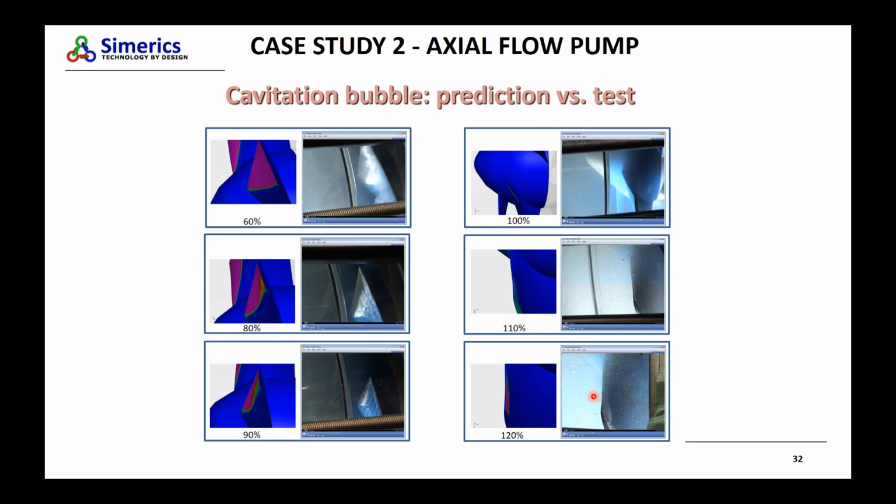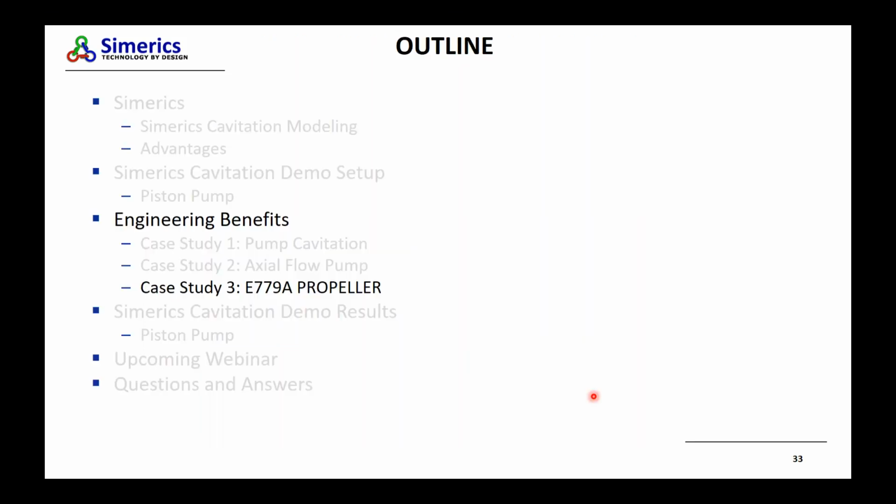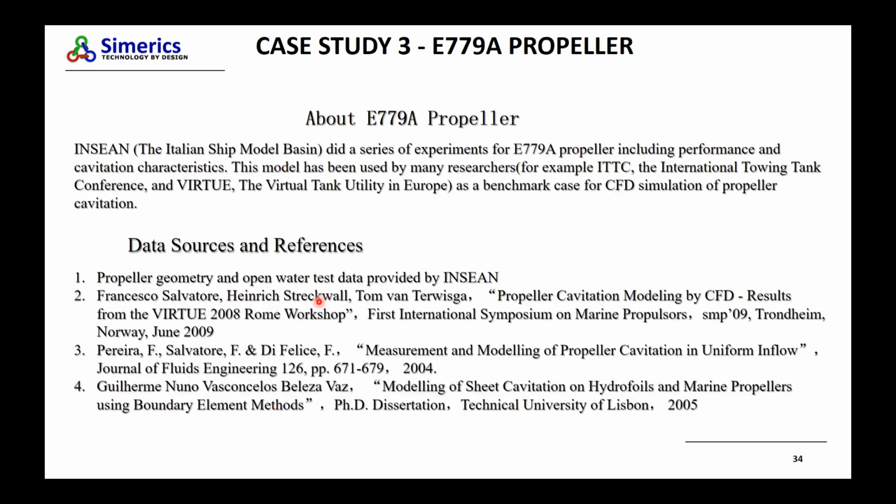So the next one is this propeller study. I have bunched a few propeller studies in here, but I'll talk in a little more detail about this E779A propeller. This is essentially from the Italian ship model basin in Rome, in short. They did a series of experiments for this E779A propeller to look at the performance and the cavitation characteristics.